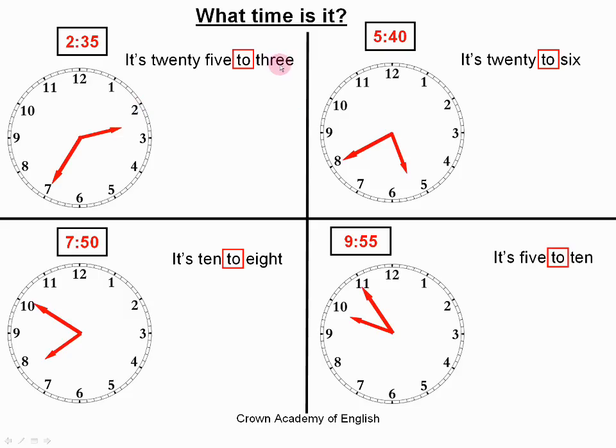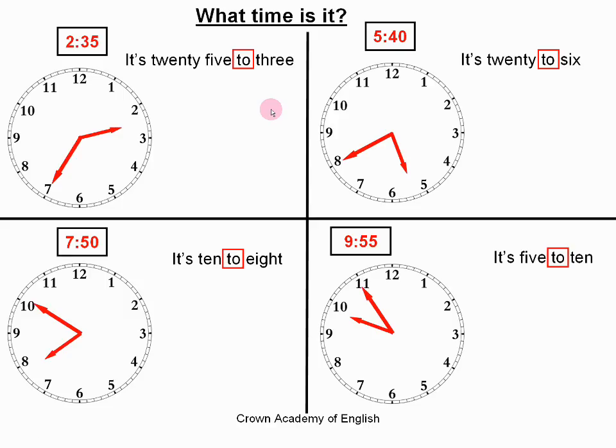Here the hour is the hour in the future. That's very important. We do not say it's 25 to 2. No, that is wrong. It is 25 minutes before 3 o'clock, so we say it's 25 to 3.